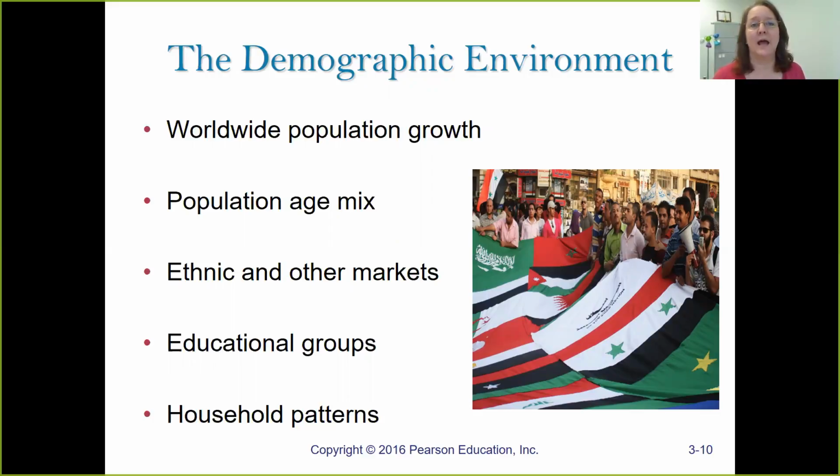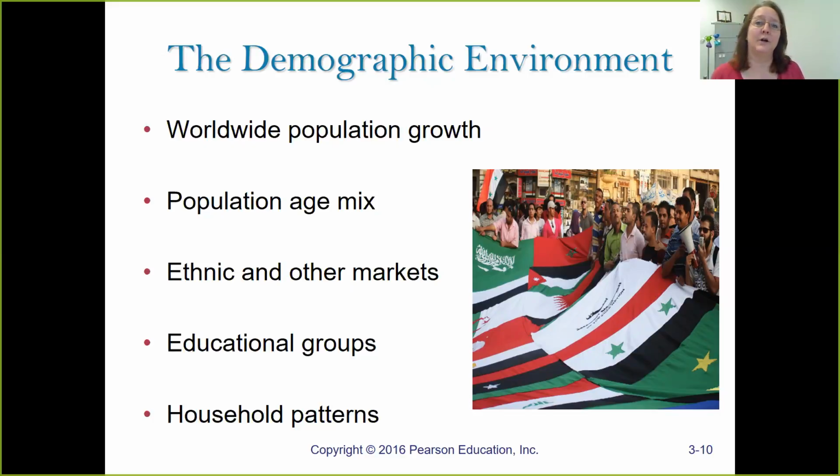One of the things that marketers found out through the decades is that, number one, the household size in America has shrunk. In the 50s, a household was on average over 4 people, husband, wife, and 2 to 3 children. And today, we have a lot more singles, people getting married later.